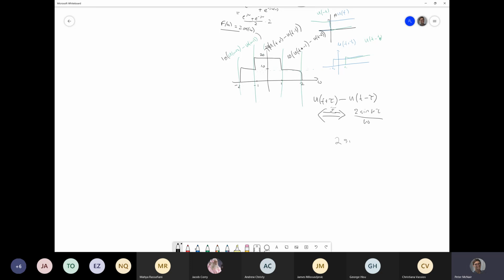So we can say that 2 sine omega t on t has a Fourier transform pair, but we need to multiply it by 2 pi x of minus omega. Because it doesn't really matter here whether it's minus or plus. This is just 2 pi x of omega.